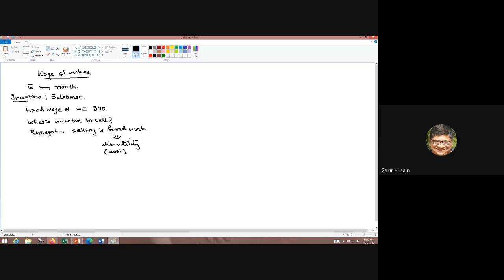So in this case, if this is the wage structure, what will be the sales of every person? It will depend on the incentive. No, right now there's no incentive. It's only a fixed wage. He wouldn't sell anything maybe.